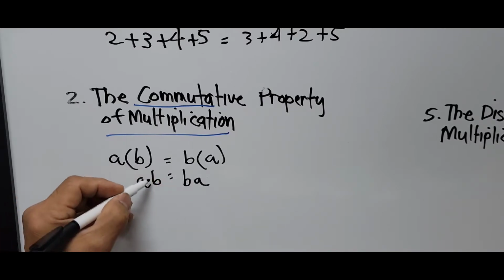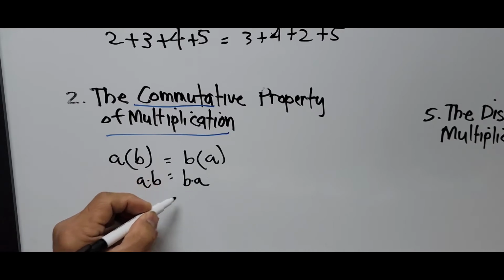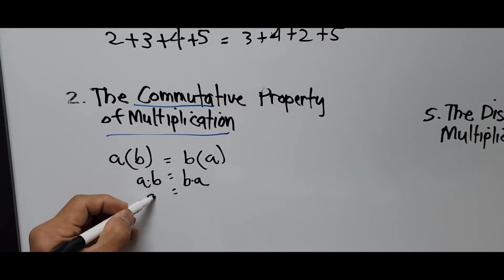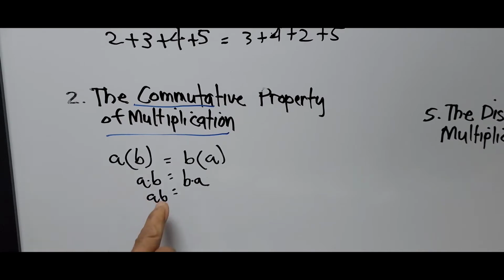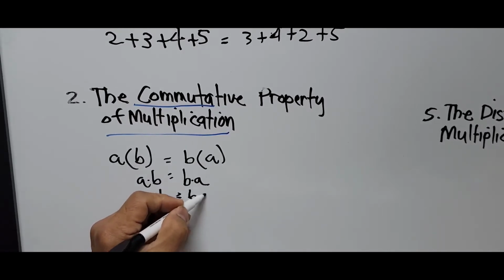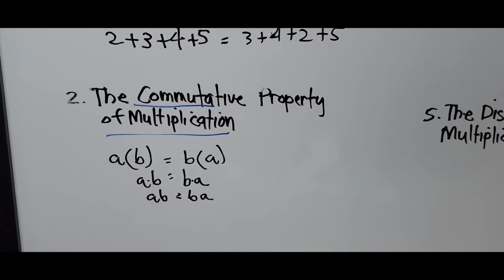Same thing. Sometimes you put a dot over here. It's the same thing as without a dot. ab is equal to b times a. Okay.